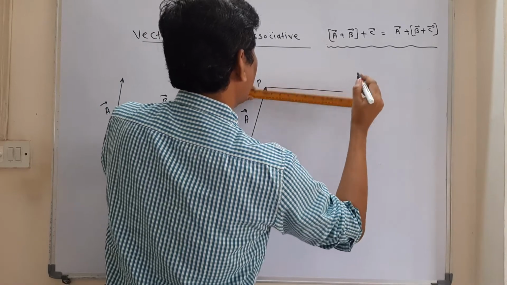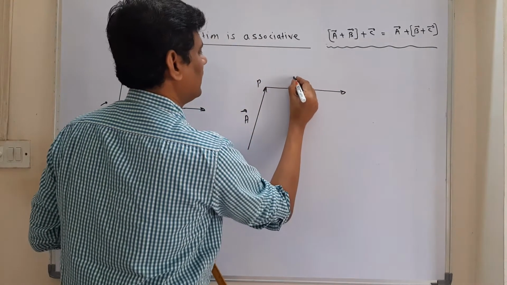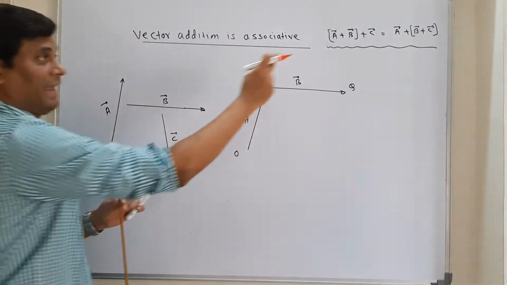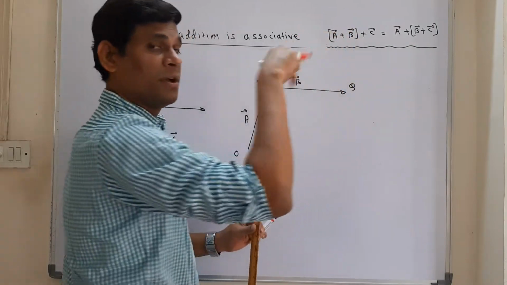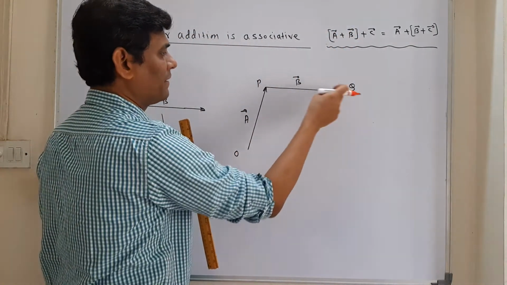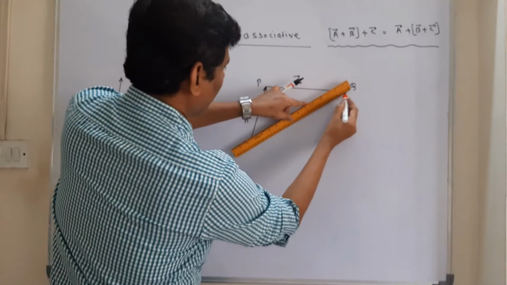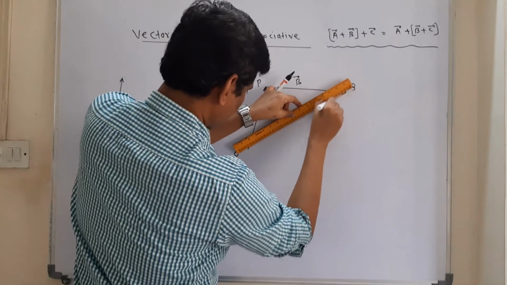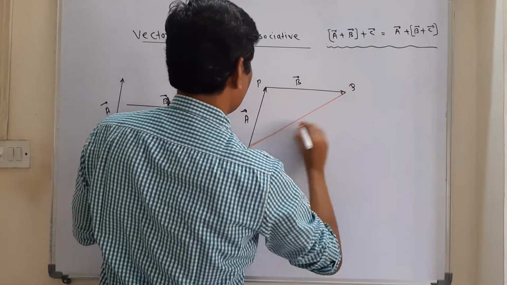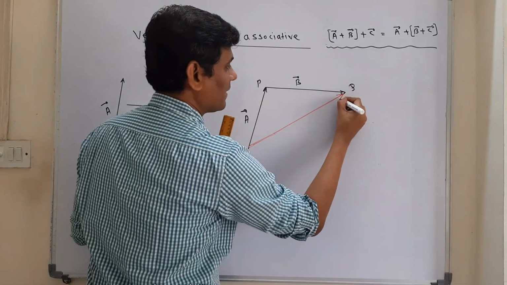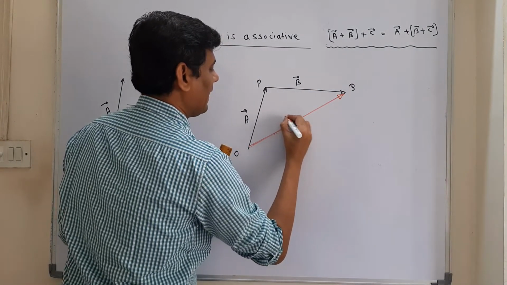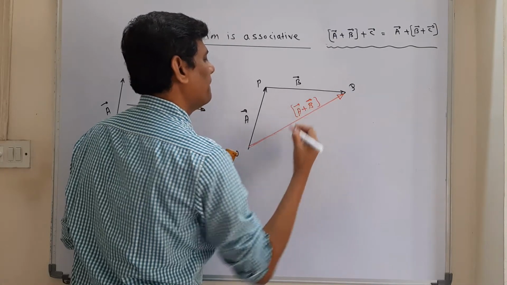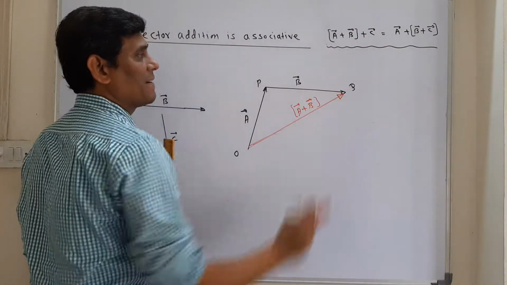This is vector B. Let us call this Q. Then first we'll complete A plus B. With the help of the triangle law, the third side represents the resultant. Arrow is here. This is my A plus B, vector A plus vector B. So I did this part.